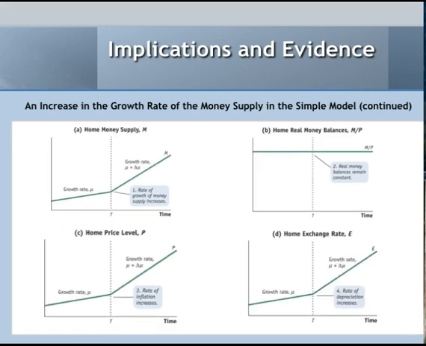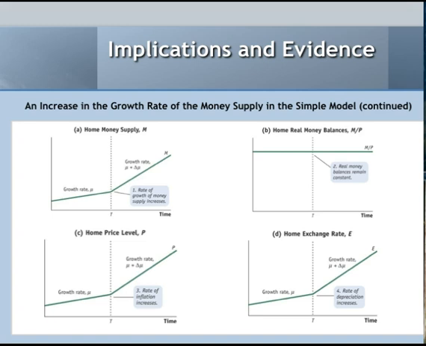And finally, according to our model, this impacts the exchange rate. So when the growth rate of the money supply changes at time t, we would expect the exchange rate to change right along at the same proportion as the money supply, as the price level that changes over here. So the price level has changed. We again expect the exchange rate to increase accordingly.